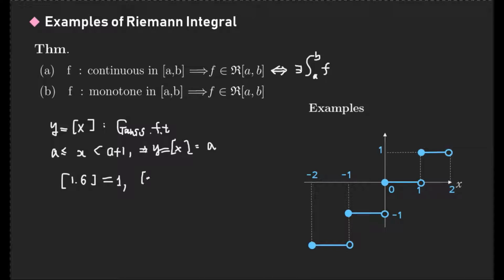And if we consider minus root 3, it is clearly this point, and this gives minus 2.